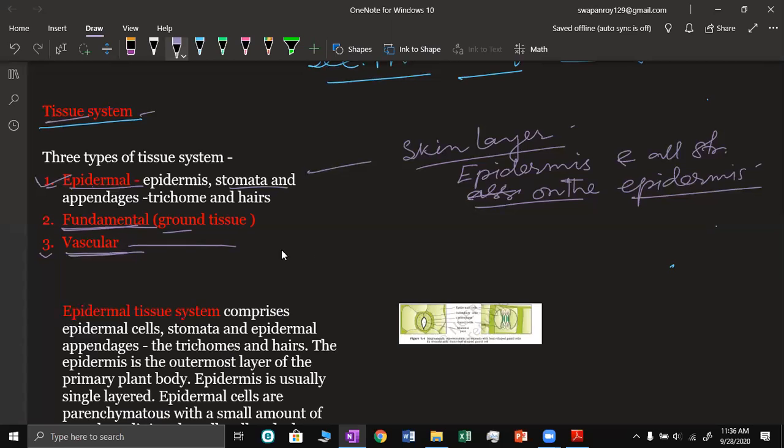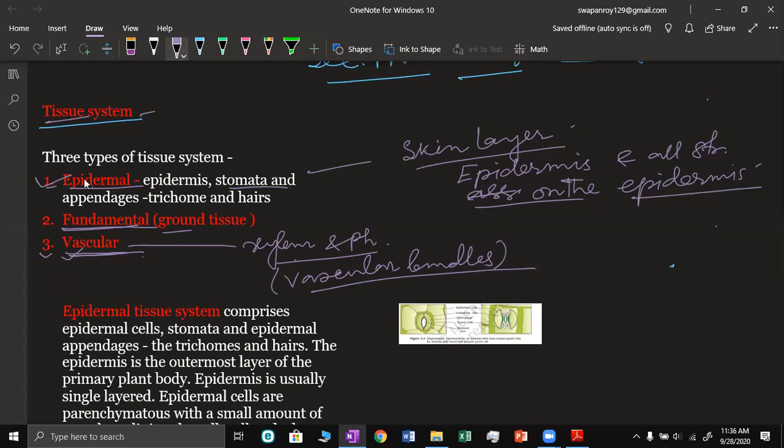Vascular tissue system is made of xylem and phloem, that is the vascular bundle. These vascular bundles organize the vascular tissue system.